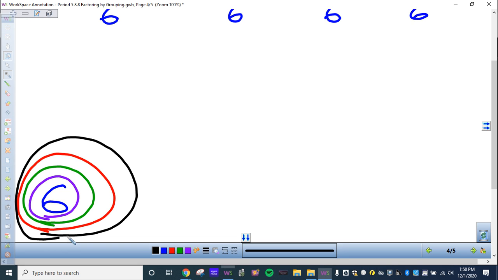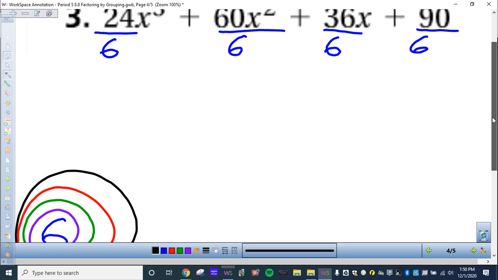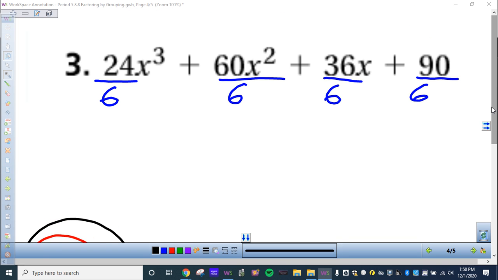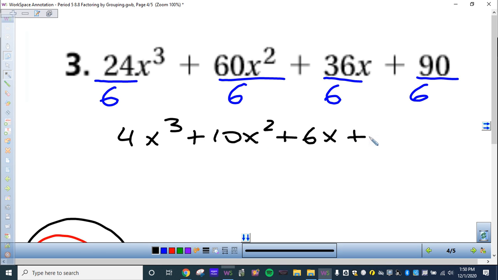But just make sure you remember that. So doing obnoxious things like that, circling it with a whole variety of colors, will help you. So we have 4x cubed plus 10x squared plus 6x plus 15.